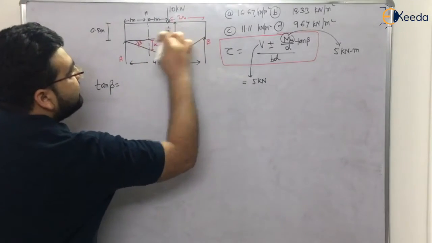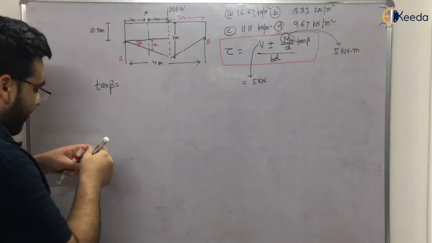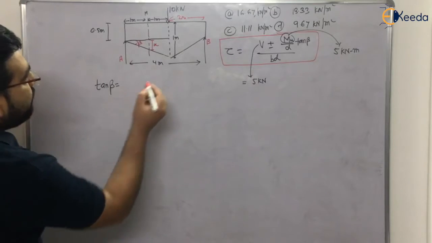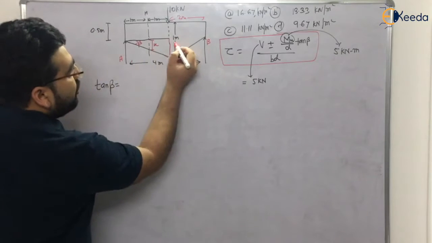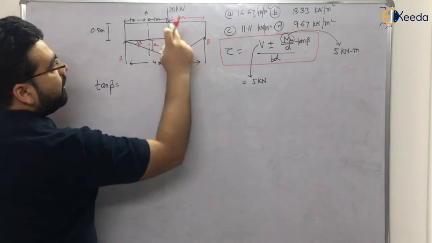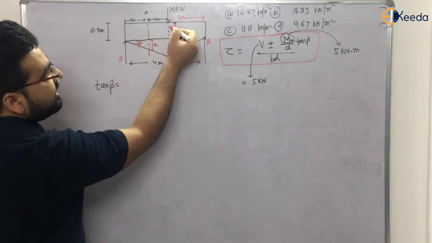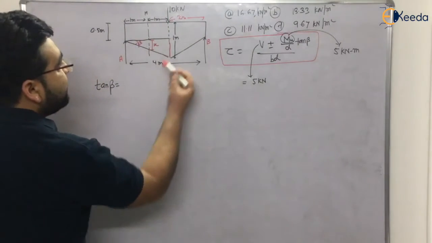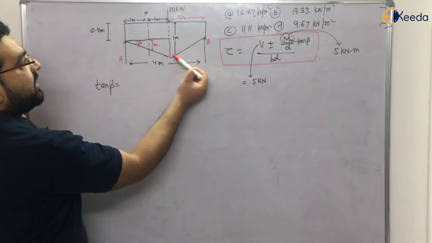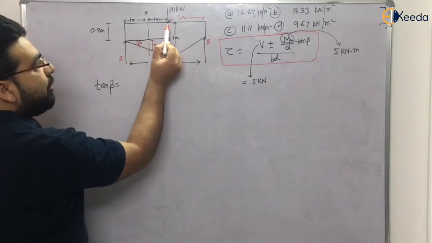So how much is this distance? This distance will be equal to the overall distance minus this distance. Now how much is the overall distance? Overall distance is 1 meter, and this distance is 0.5 meter.